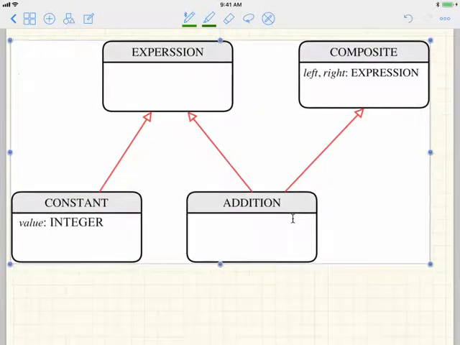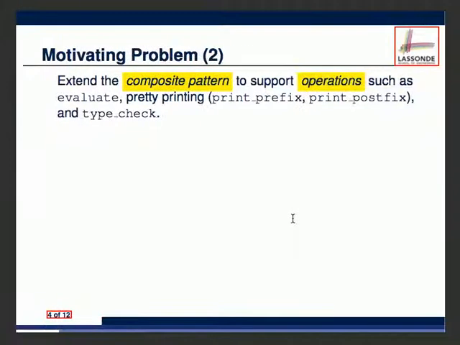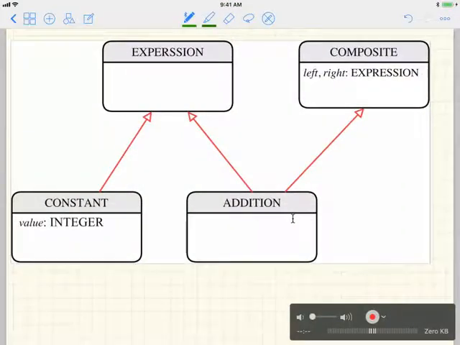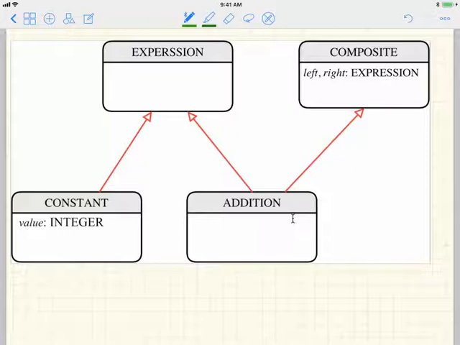So this is the composite pattern. Now let's see what the question is for you. I want you to extend this composite pattern to support operations such as evaluate, pretty print, and type check. How would you modify the design such that it's going to support all the operations?